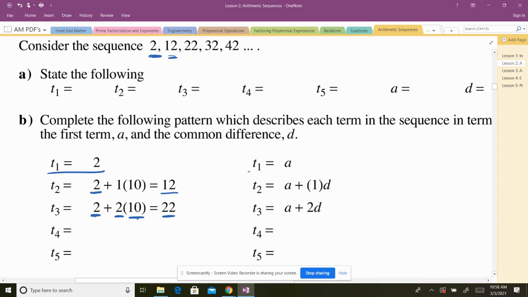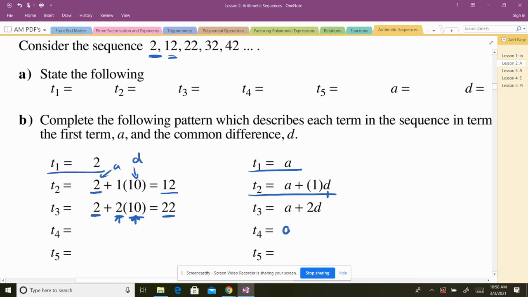If you write these in symbols, the first term, T1, is A. T2 is A plus 1 times D; D is the common difference, that's your D value, that's your A value. The third term is A plus 2 times D, right?